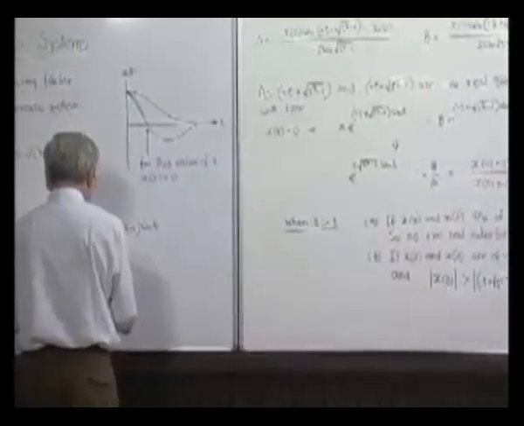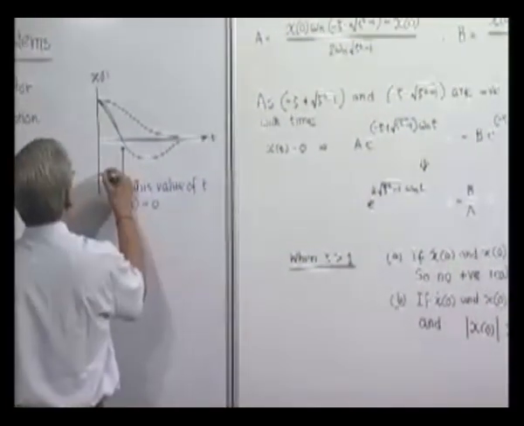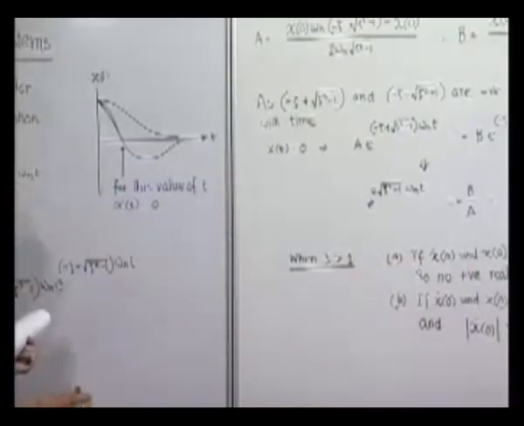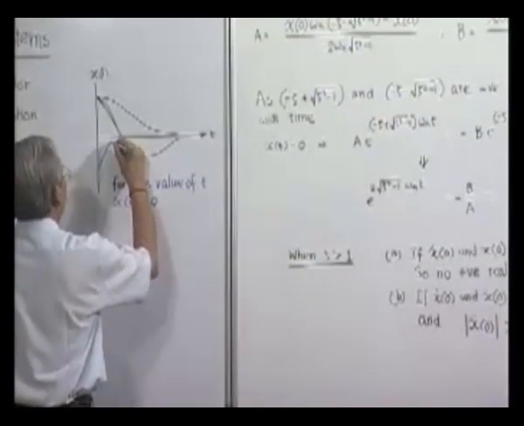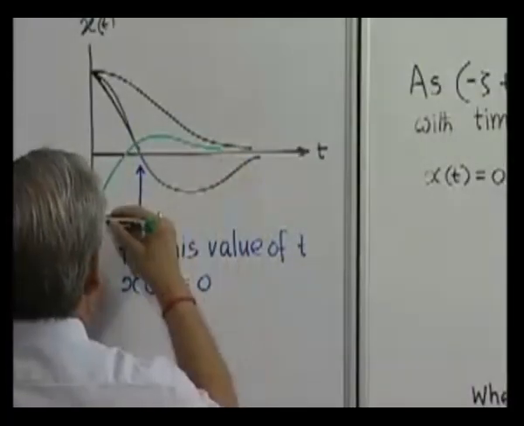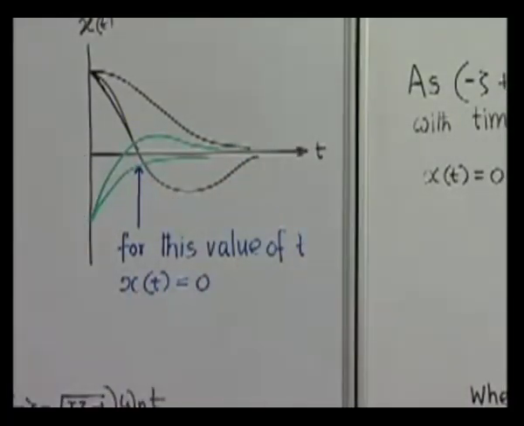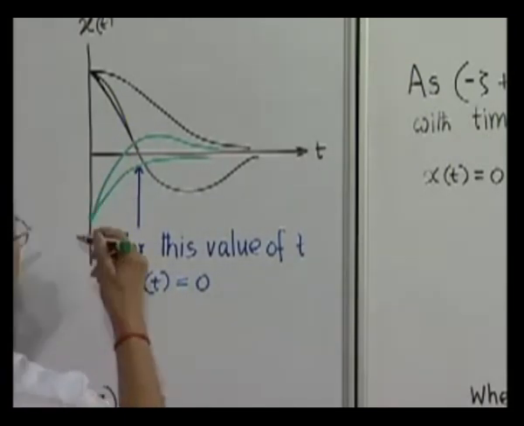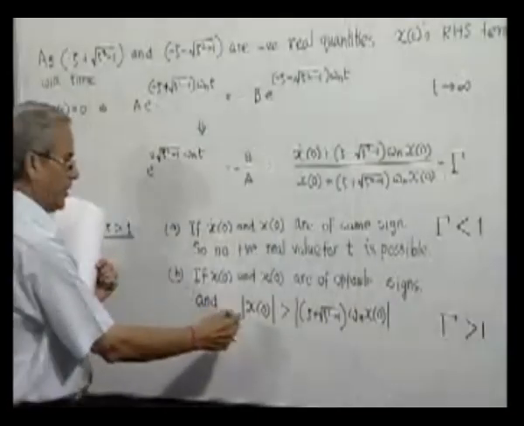So similarly, here if you have x dot 0 negative, but you have to give a positive velocity, then again you will find. But if you give a lesser velocity, we go like this. So you have to give sufficiently high velocity so that it crosses, and that condition is obtained from this.